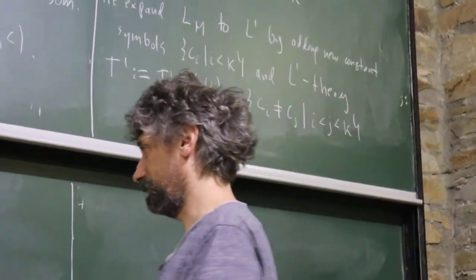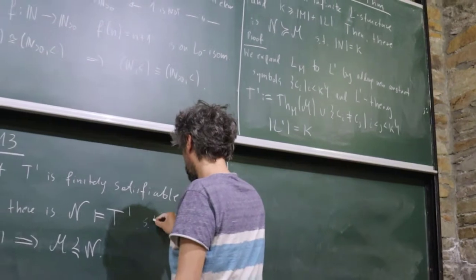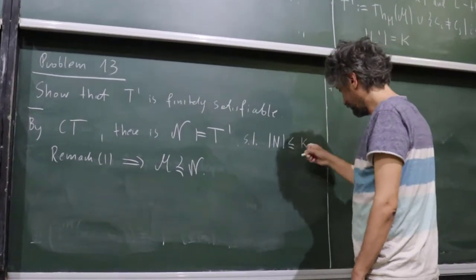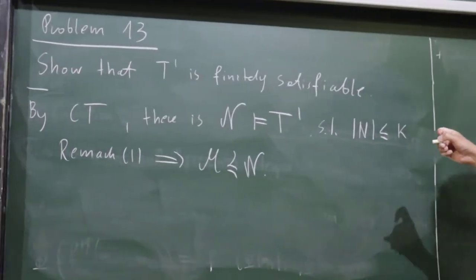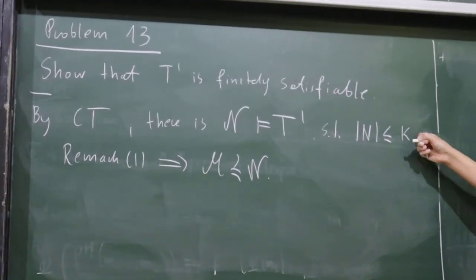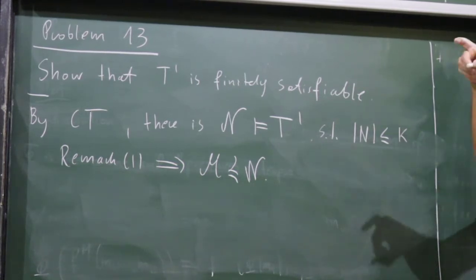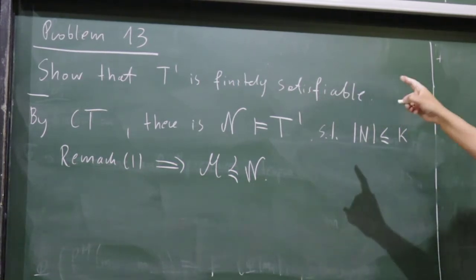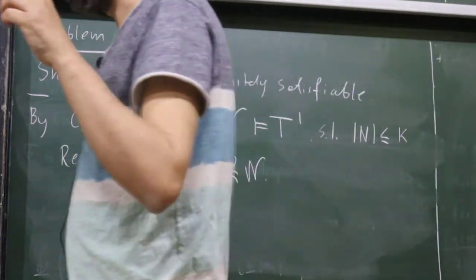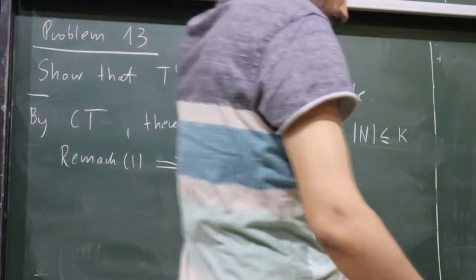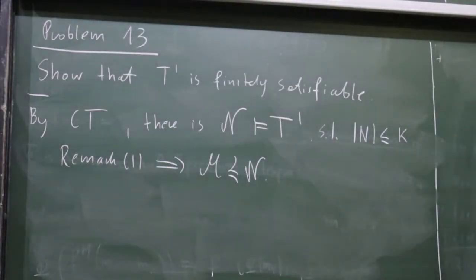And by compactness theorem, there is a model such that, so this is the moment, actually this is a bit important, this is the moment when I need this bound from compactness theorem to get the model of exactly cardinality kappa. So this I don't want to skip, because you could think, why did I care about it? This is a moment I cared about the bound, which will be important later.